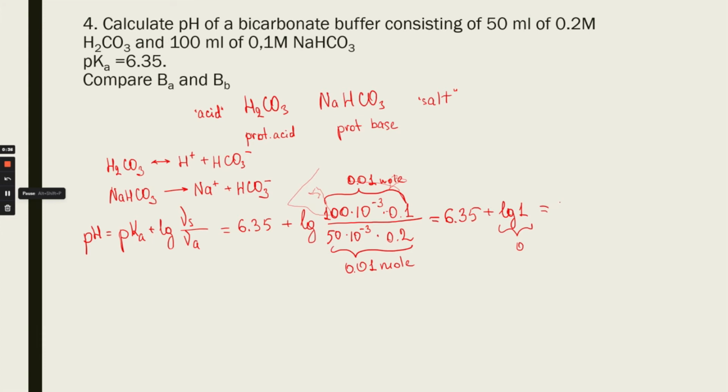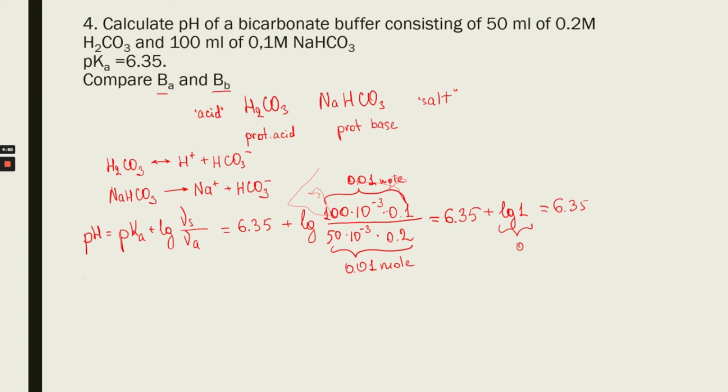So the answer is that pH is 6.35. And there is also the question to compare buffer capacity by acid and buffer capacity by base.